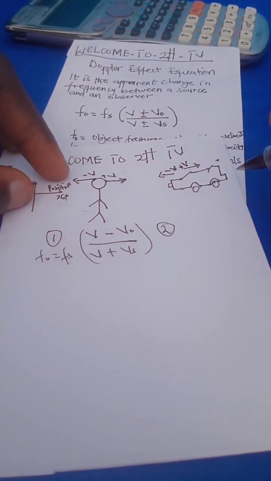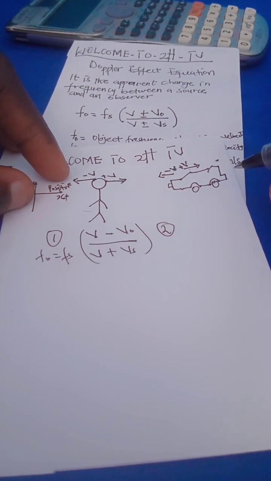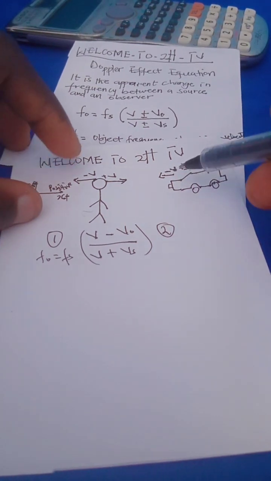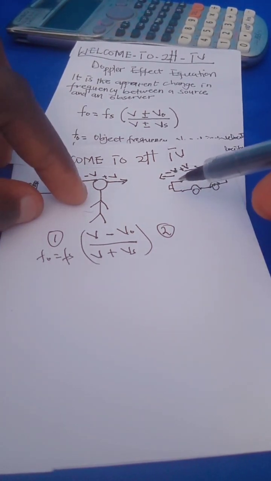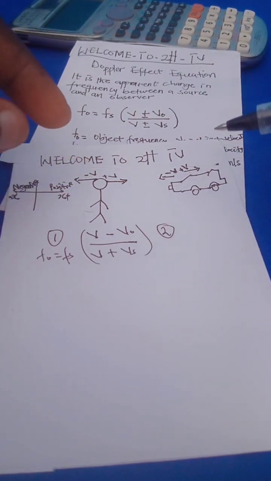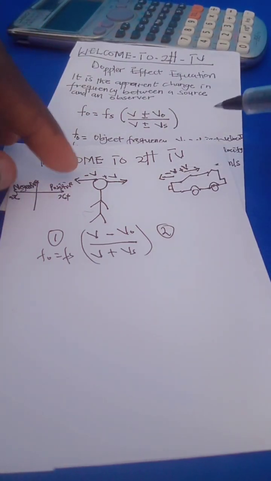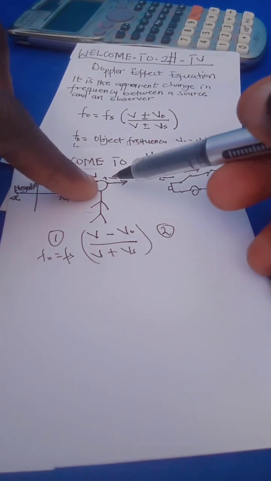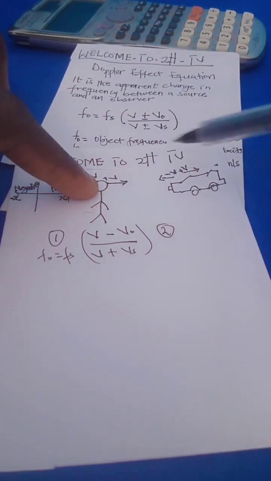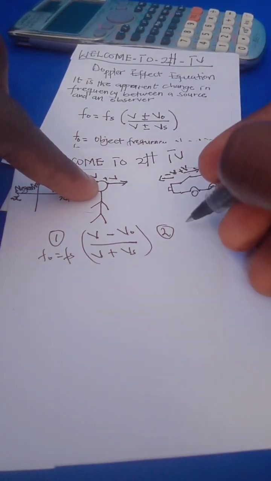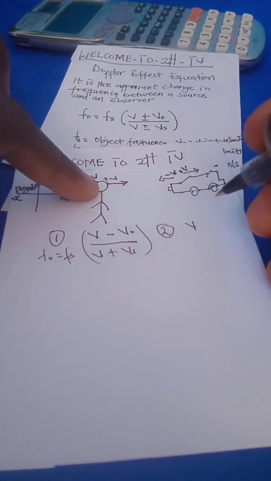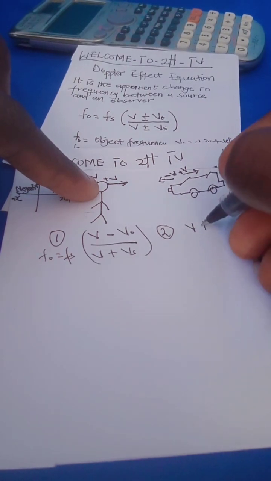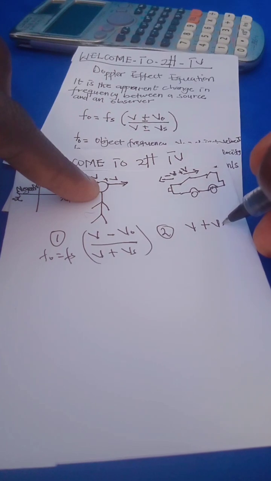The second case, let's say that both object and source are moving towards each other. They are approaching each other. Now, if the object is moving towards the source, the object velocity is positive.